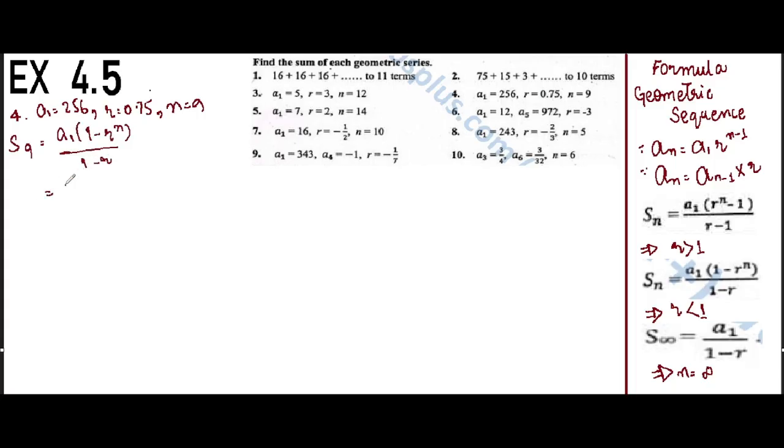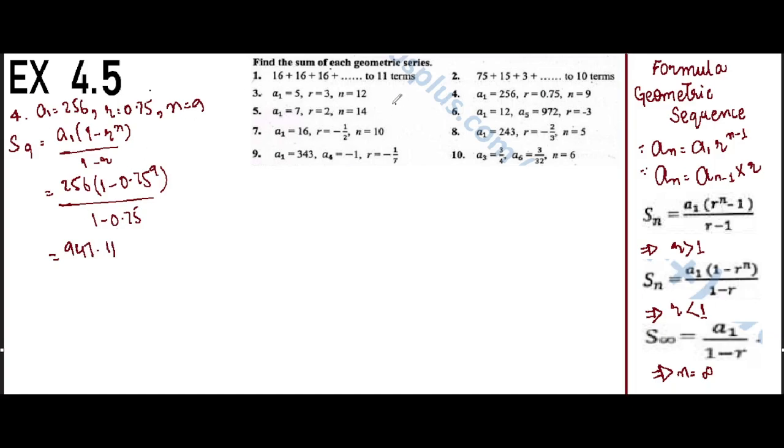It equals a1 is 256 into 1 minus r, 0.75, whole raised to the power n, 9, whole divided by 1 minus 0.75. After solving it, its answer is 947.11. Oops, I did not change the marker color, but it's okay.